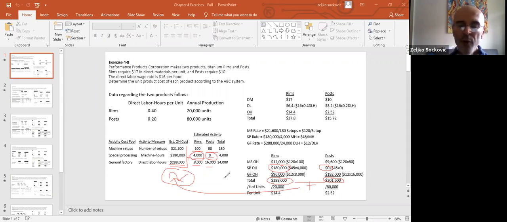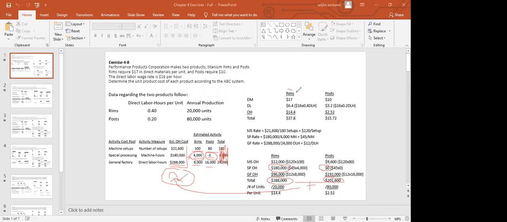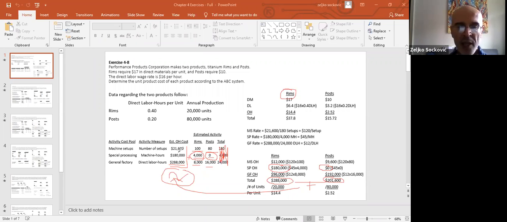And looking at a smaller detail, if you ask for RIMS, you don't make the mistake of, say, dividing 21,600 by 100 just because you're looking for RIMS. Why? Because that's not the total. We need a ratio of these 100 to the total.